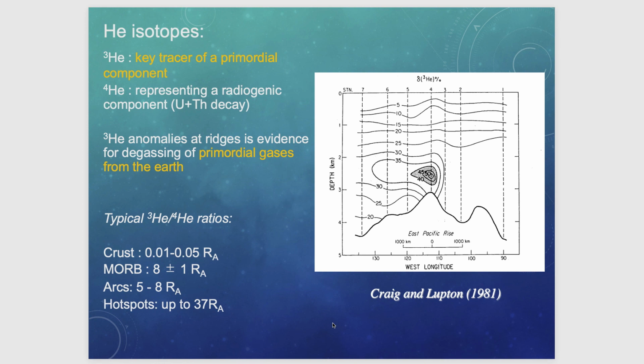So it is very interesting to see that some of these ratios can be used spatially to map out the location of a ridge and to understand also the type of magmas that we are dealing with.